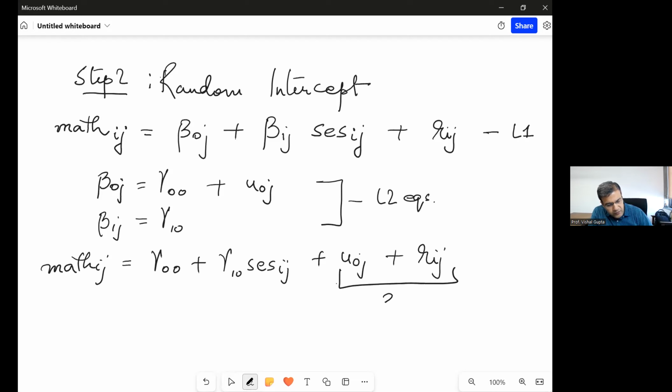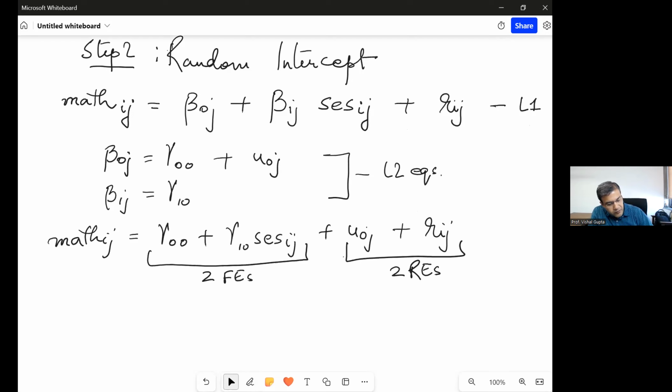So you have two random effects and two fixed effects. What is our command? We say lme, math is regressed on 1 plus SES, since gamma 00 is nothing but the coefficient of 1.